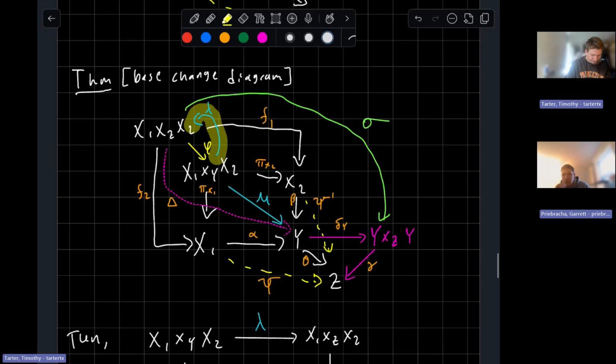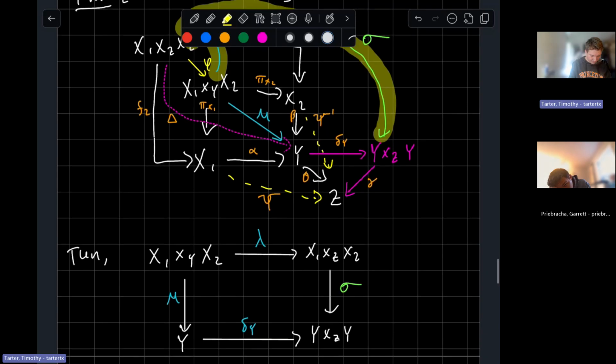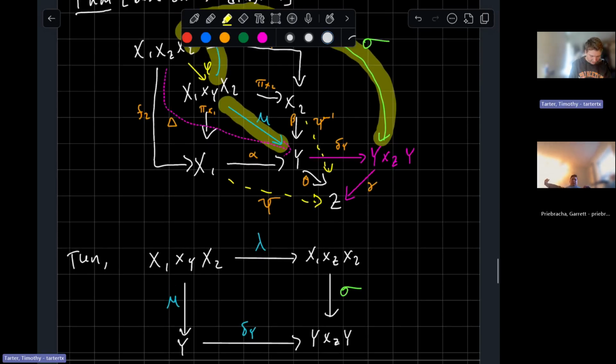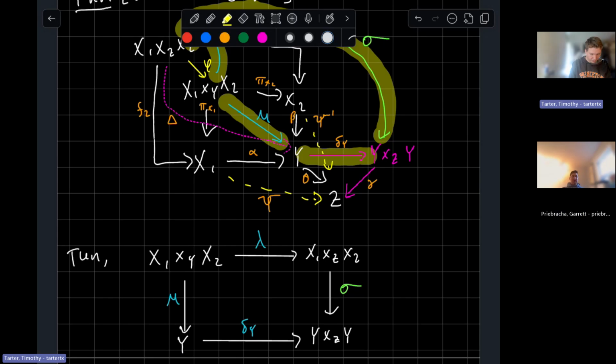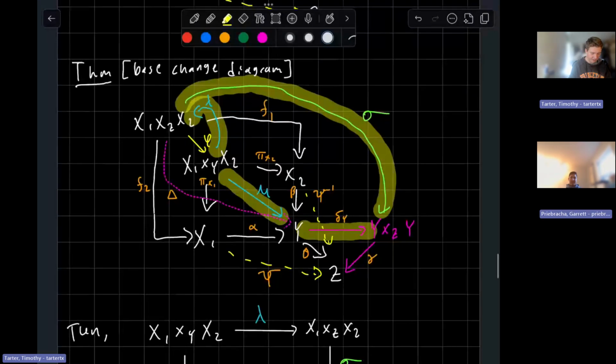And then lambda factors through sigma. And then mu goes diagonally. And then y goes through its diagonal morphism. Okay, I'm happy with this. This is making sense now.